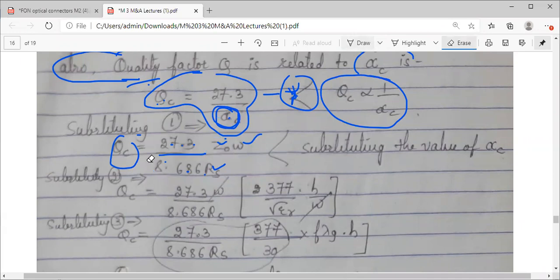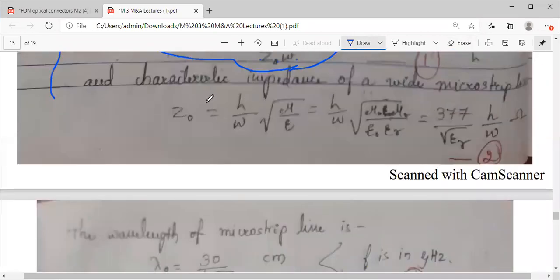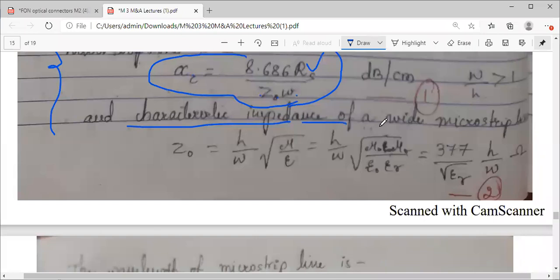So what is the Z naught equation? Z naught, the characteristic impedance for a wide microstrip line. We have actually taken two equations for Z naught depending on the range of W by H, but let me take Z naught for a wide microstrip line. So Z naught is equal to H by W root of mu by epsilon. If I take mu as mu naught into mu r, epsilon as epsilon naught into epsilon r. For non-magnetic, I will take mu r equal to 1.